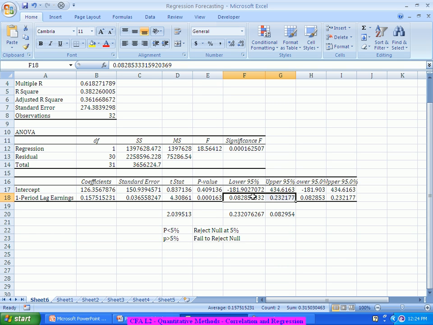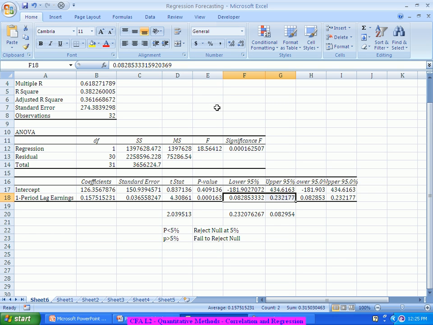In this case, the interval does not contain a 0, 0.08 to 0.23, so I am going with the alternate. All three of them will give the same decision. They are different ways of presenting the same test. In the exam, he may give one of those in one of the forms, asking you to find out the remaining, or asking you to give the final conclusion.